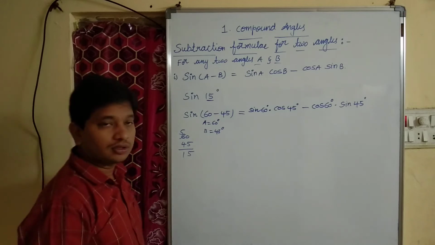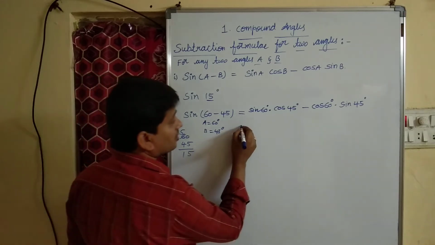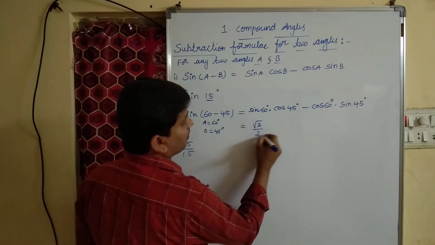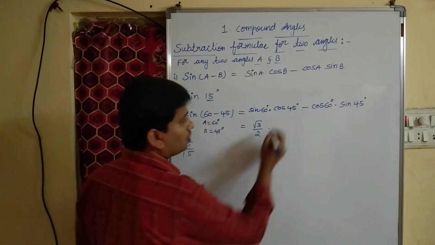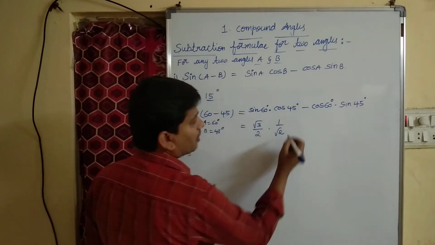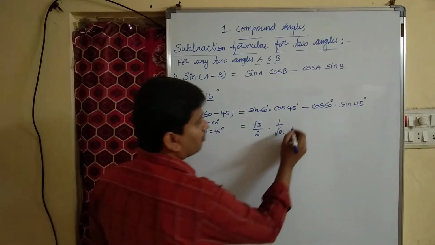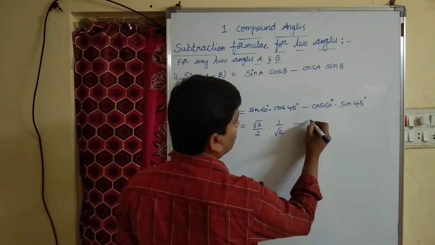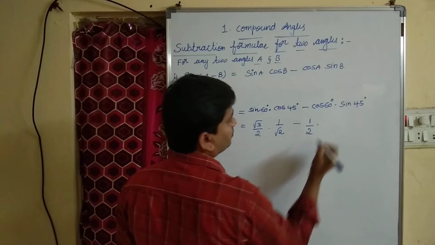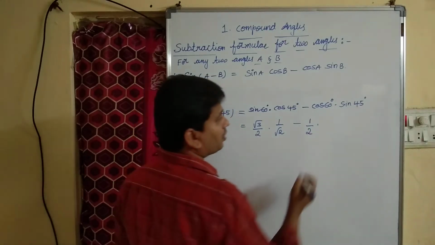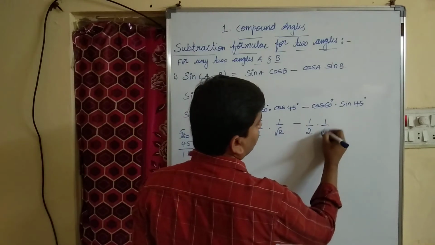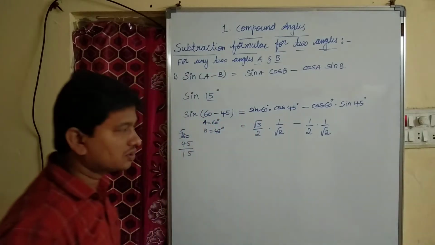And we know that sin 60 degrees equals root 3 by 2, cos 45 degrees is 1 by root 2, minus cos 60 is 1 by 2, into sin 45 degrees is 1 by root 2, right?